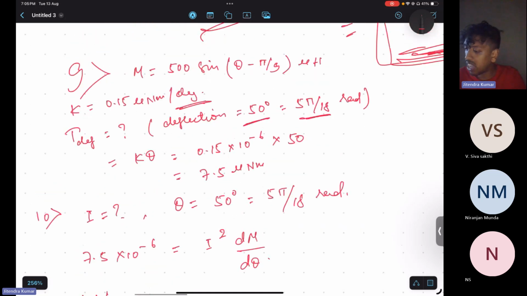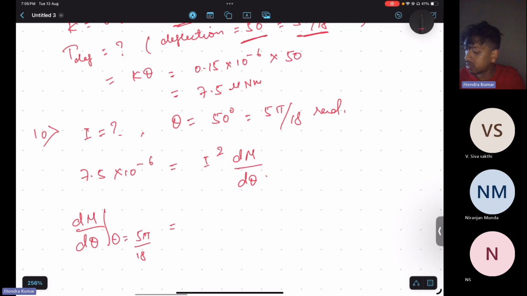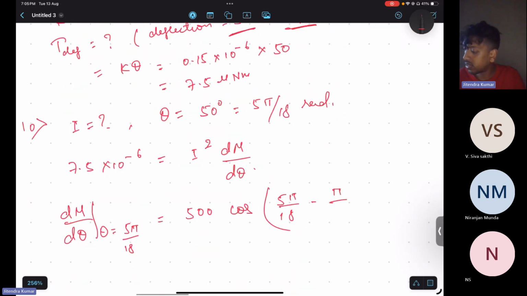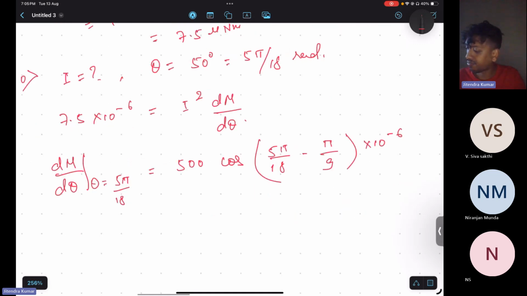So it will come out to be 500 cos of theta minus 5 by 9, and theta is nothing but 5 pi by 18, minus 5 by 9, into 10 to the power minus 6.